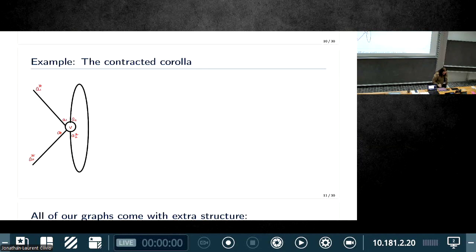Another example is things with internal edges. This contracted corolla will be one of my generating pieces of the graphical category that we'll be talking about soon. So I have 2 edges made of, we'll call this A1 dual, and 0 dual.